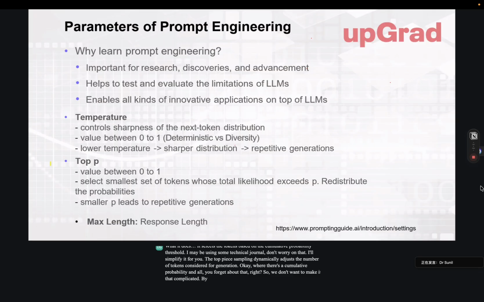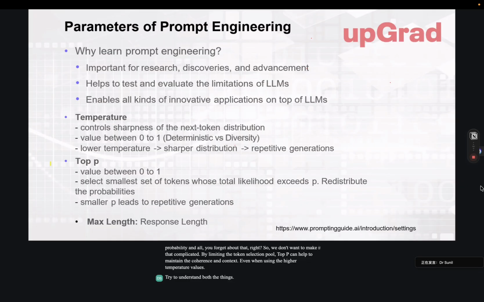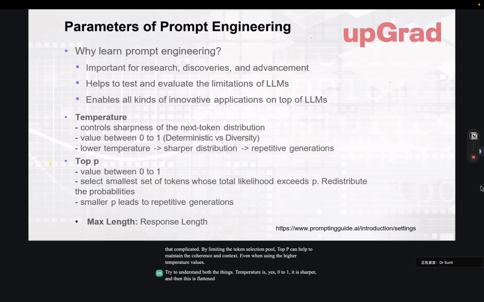By limiting the token selection pool, top P can help maintain coherence and context even when using higher temperature values. Try to understand both things. Temperature is 0 to 1: sharper versus flattened, that is deterministic versus creativity, which is one part.